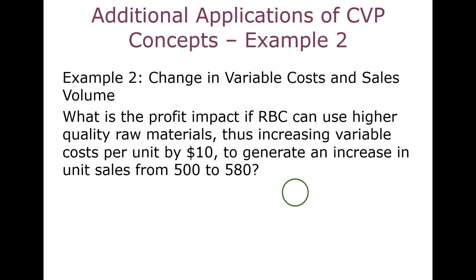Let's change something else. What is the profit impact if RBC can use higher quality raw materials, so it'll probably be a better product? It will increase our variable cost by $10 per unit, but it'll increase sales 80 bicycles, from 500 to 580. So if we spend more on the materials, make a better quality product, and increase sales, will this be a good decision for the bottom line?